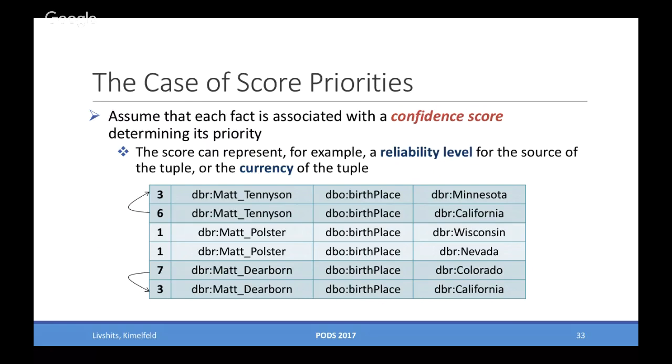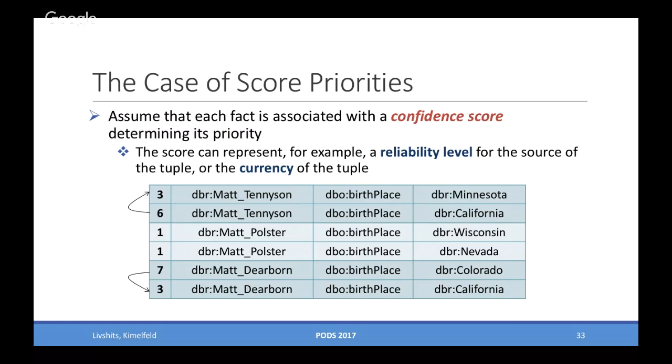Okay, so in this example, we have the first two facts that are conflicting facts. The first fact has a confidence score of 3. The second fact has a confidence score of 6. So the second fact is preferred to the first fact. Okay, that's basically the idea.